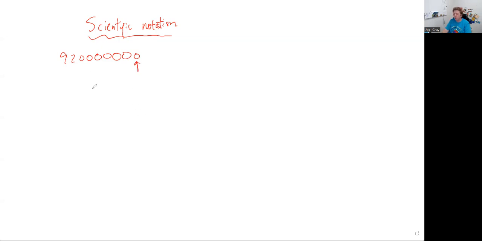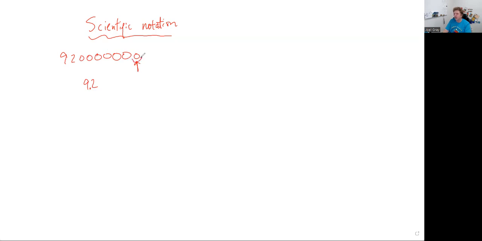And so it's really more accurate. Since there is no decimal place, none of the zeros in this number are significant. So a much more efficient way to write this number, and a much more realistic way to write this number, is to write the non-zero digits 9 and 2 and then put a decimal between them, and then take into account where the decimal position would be.